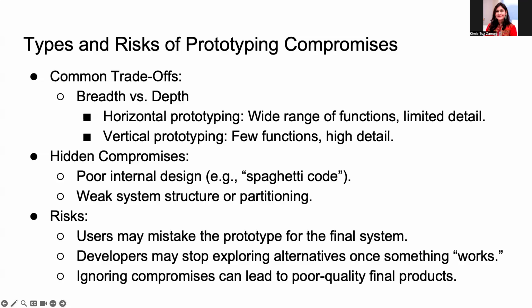Some compromises are not visible to users at all. For instance, a prototype might appear functional but could be built with weak internal logic or poorly structured code, often referred to as spaghetti code. This can create problems later in development if the prototype is mistaken for a solid foundation.